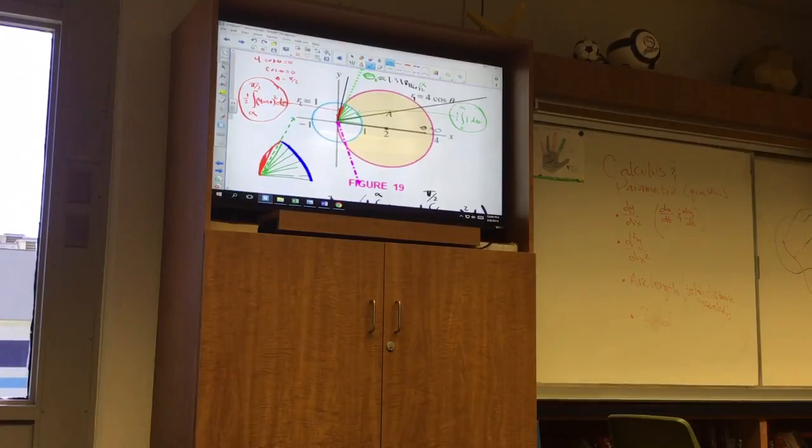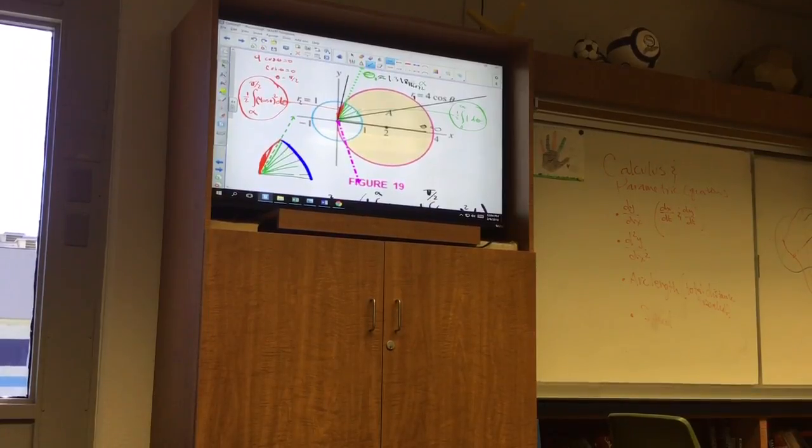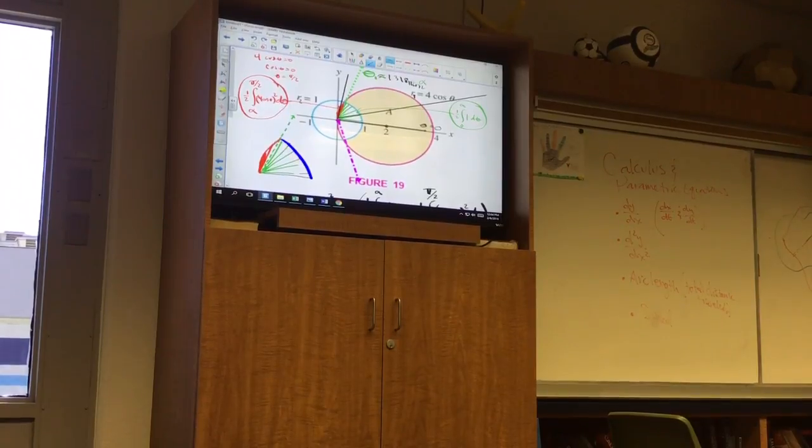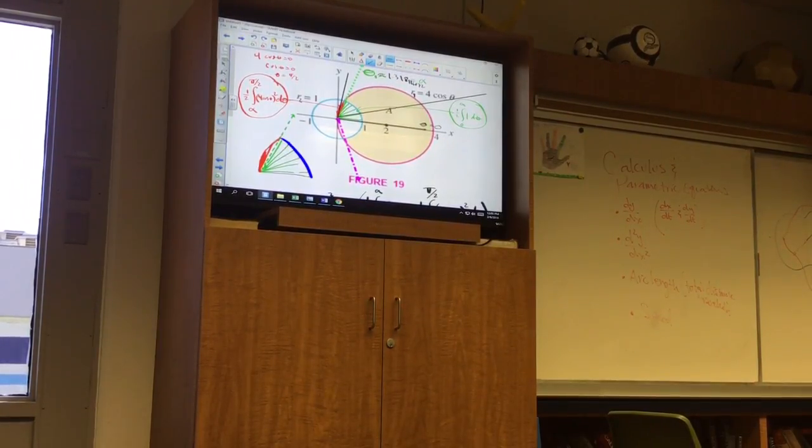And then you'd also have to subtract, or if it's in parentheses, then adding to what needs to be subtracted, 1/2 times the integral from negative alpha to alpha of 1 squared d theta. And then you'd have to subtract, or add if it's in the parentheses, 1/2 times the integral from alpha to pi halves of quantity 4 cosine theta squared d theta.